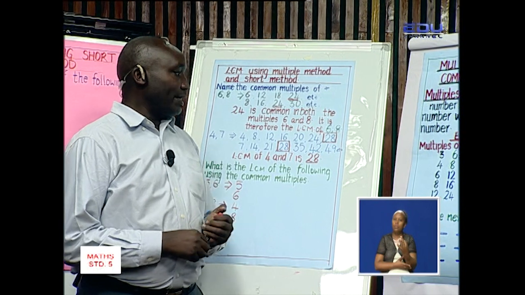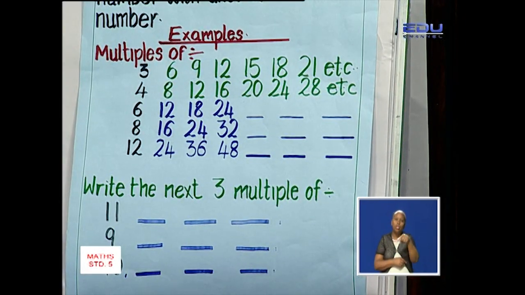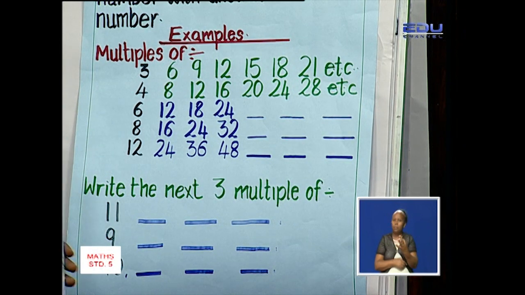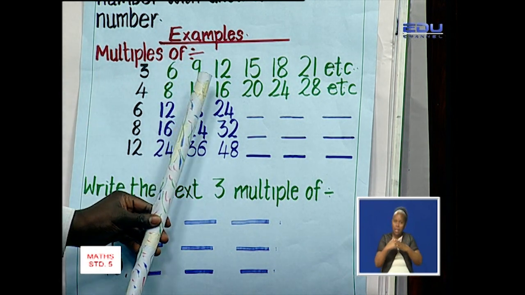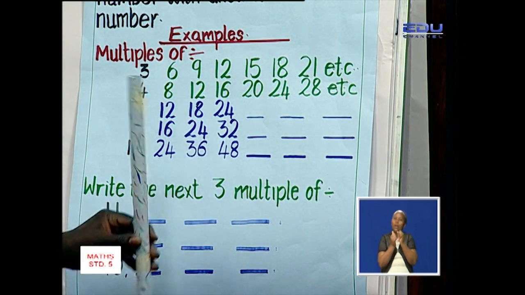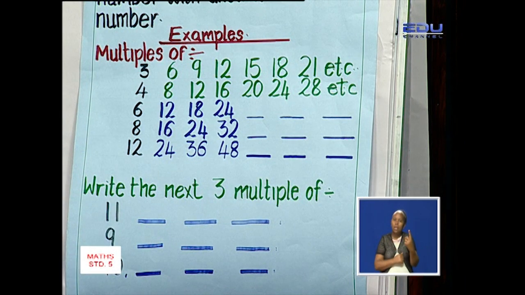I want us to look at the multiples of 3. And I want you to see that the multiples of 3 are 6, 9, 12, 15, 18, 21, etc., etc.